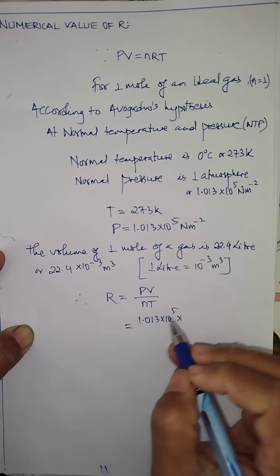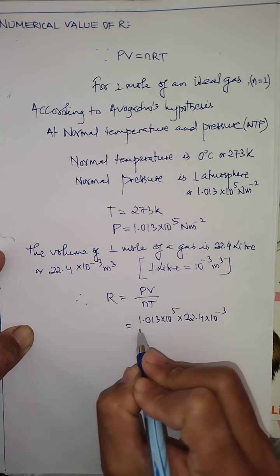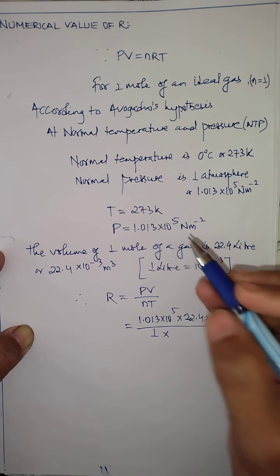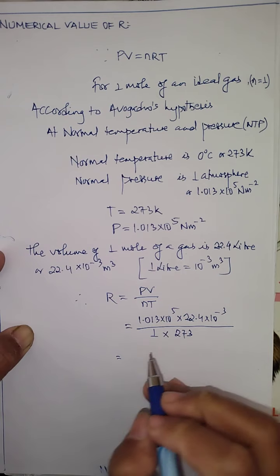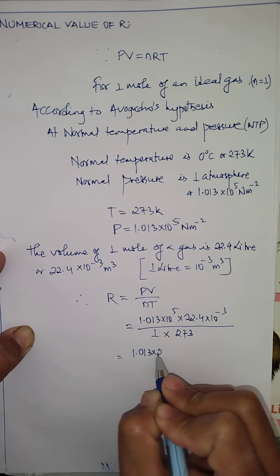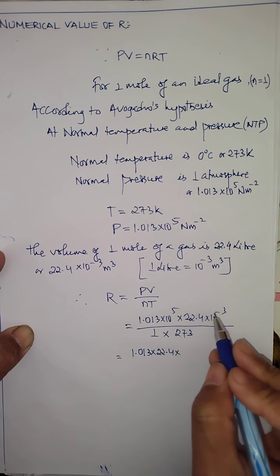Your volume is 22.4 into 10 to the minus 3, divided by, for 1 mole of gas, n equals 1, into your temperature, 273. Okay, so if you simplify, we can write this as 1.013 into 22.4 into 10 to the power 5 and 10 to the power minus 3.